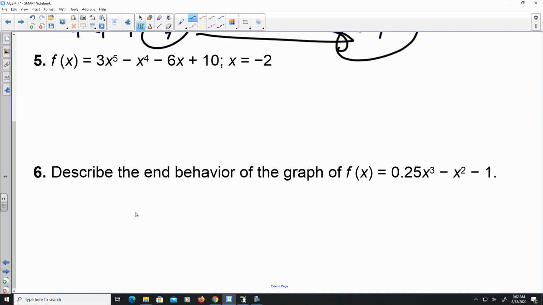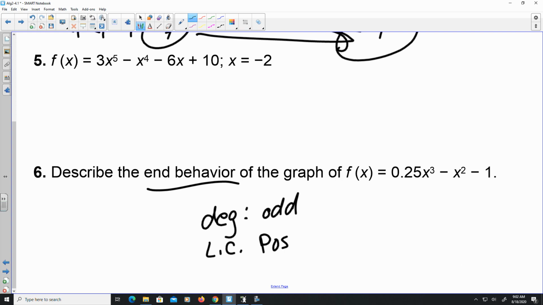Looking at number 6, they want us to describe the end behavior. So again, let's look at it. Our degree is odd because it's to the third power, and our lead coefficient is positive. So what you're essentially going to say is f of x is going to approach negative infinity as x approaches negative infinity.